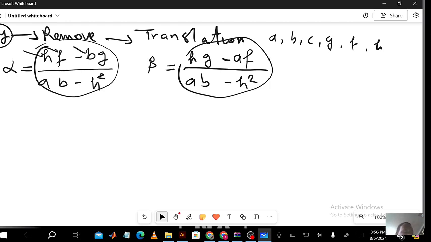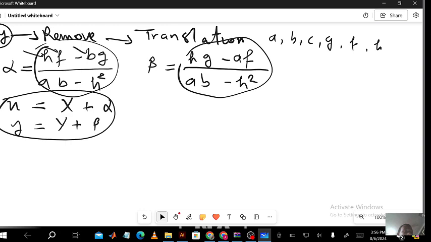Once I determine alpha and beta, I know directly that x is capital X plus alpha, and y is capital Y plus beta, as we saw in the previous video. You can put these directly in the equation to determine the new equation.